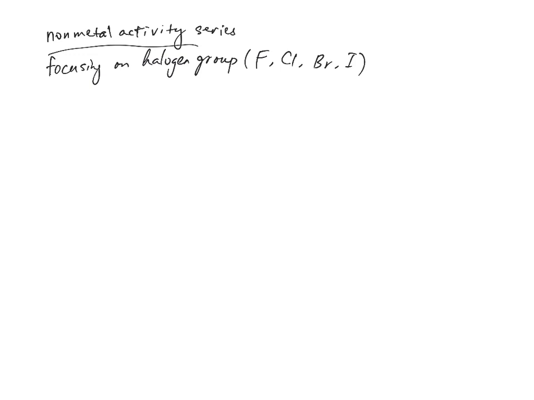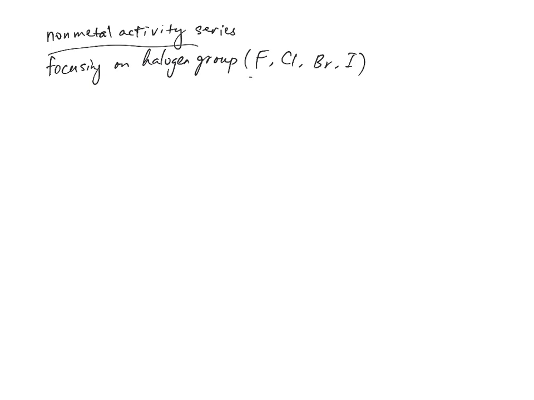And if you're wondering why we didn't include the next one in that group, astatine is a radioactive element. The naturally existing isotope of astatine is radioactive. We don't deal with it in chemistry that much, so that's why we're not including it here.